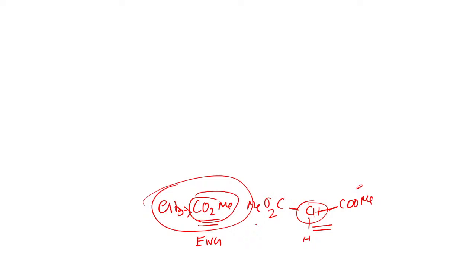The next question is when ortholithiation occurs. Whenever you have a chelating group, for example, take anisole.